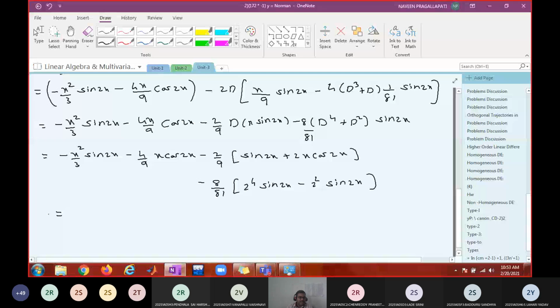Just verify whether it is right or wrong. Minus 8 by 9 x cos 2x, minus x square by 3 sin 2x, plus 26 by 27 sin 2x. Verify.